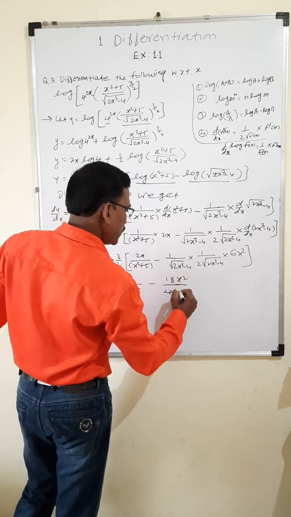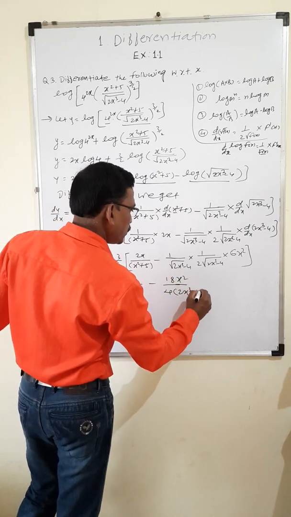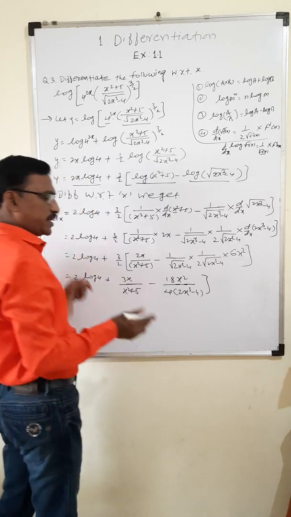It is only 2x cube minus 4, root into root, it cancels out its roots.